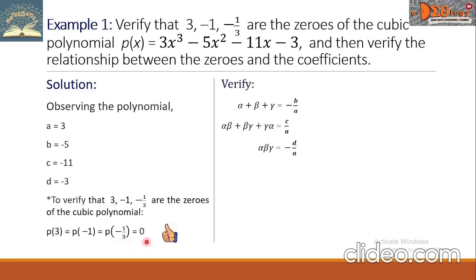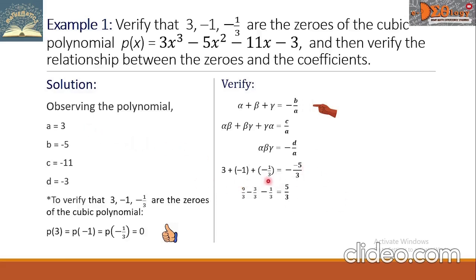Now, let us verify the relationship between the zeros and the coefficients. We have here the three relationships. Let's begin with the first. Substituting the corresponding values, we have 3 plus negative 1 plus the negative 1/3. Is it equal to the negative of b over a? And that is negative of negative 5 over 3, which is positive 5 over 3.